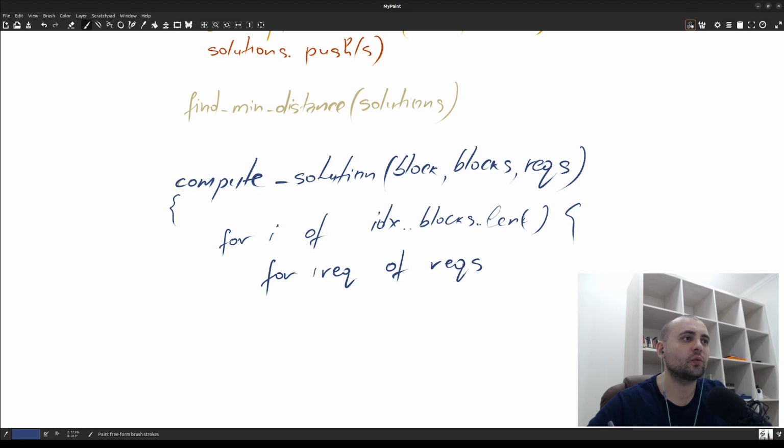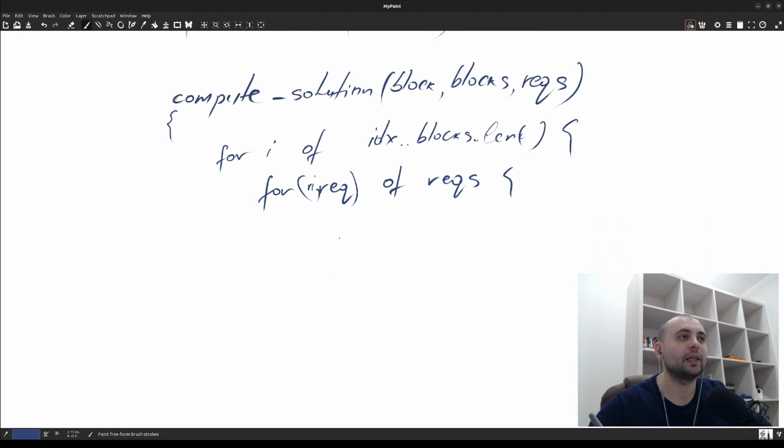So it will be as well a requirement index, Ri, I'll call it. So this will be a tuple of Ri, which will be the requirement index, and the requirement itself. Then what we'll need to do is check if this requirement is enabled. I guess it's true or false.